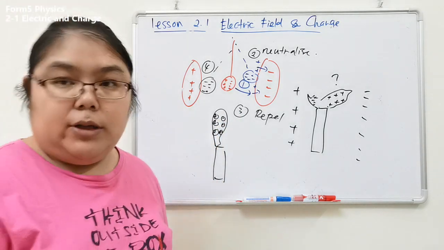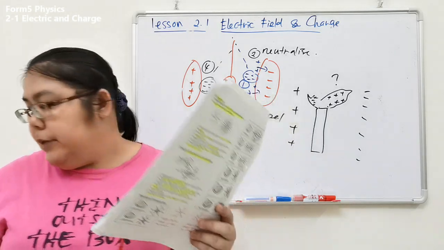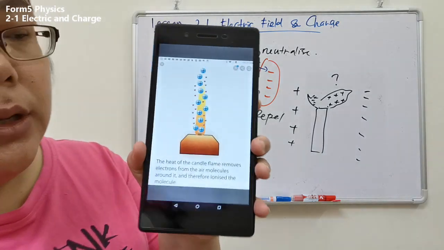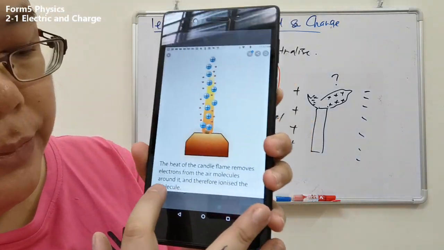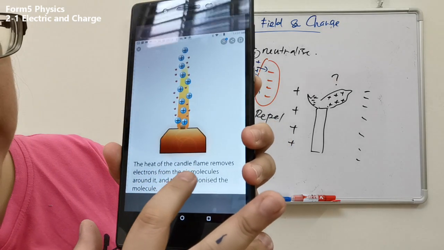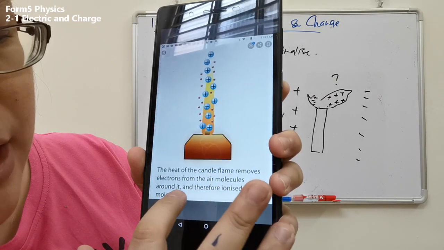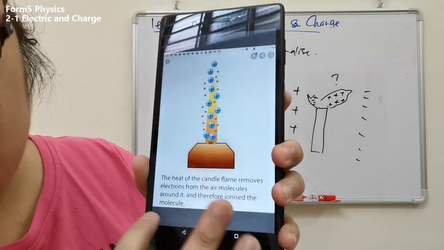Surrounding, we got air molecules. I show you the diagram, you see it. From here they say what? The heat of the candle flame removes the electron from the air molecule around and therefore ionizes the molecule.